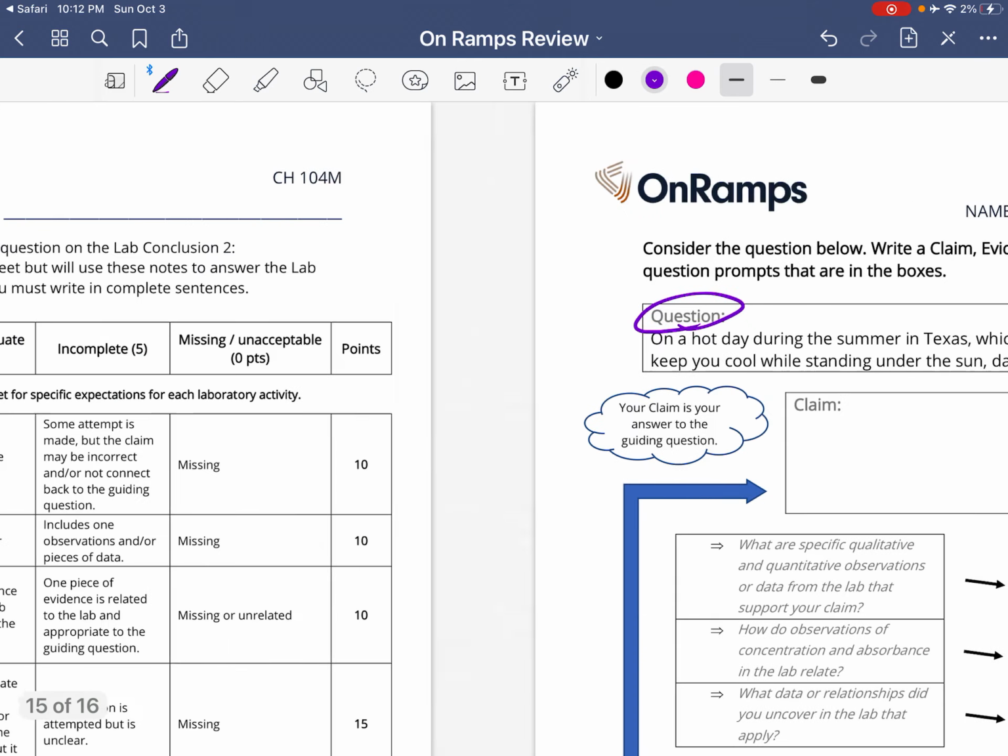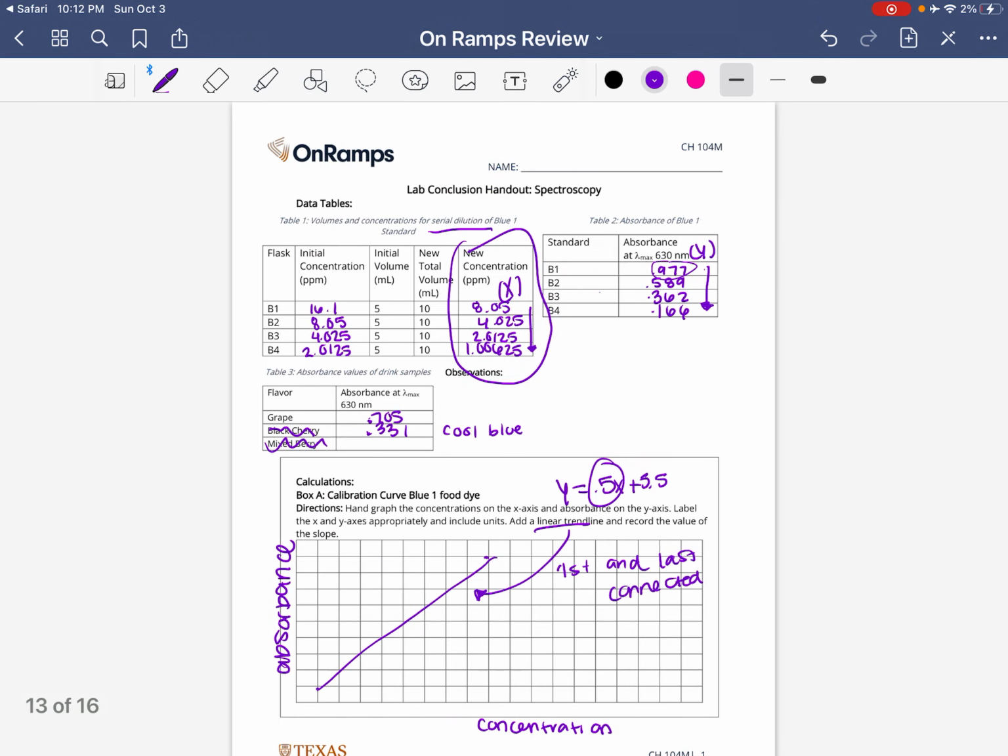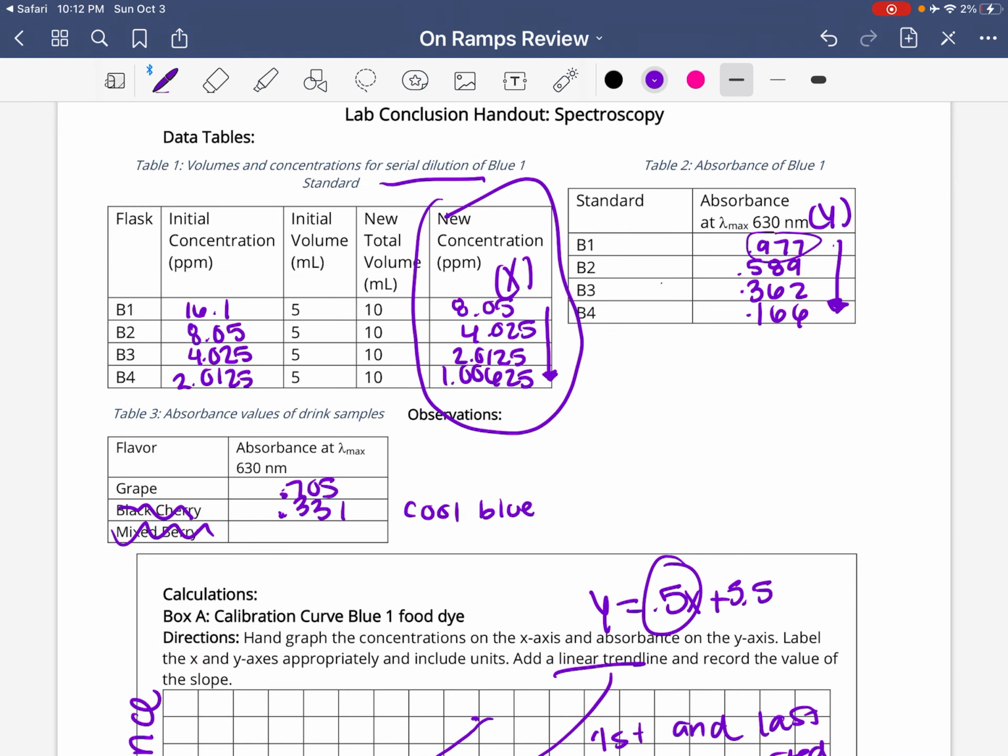So you have to answer. Remember, over here we said as concentration decreased, absorbance decreased. So the lighter the blue 1 liquid was, the lighter the color, the more the absorbance decreased.